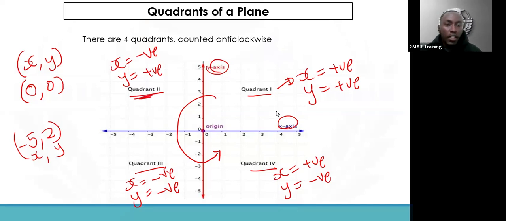Think of any number and try figure out if it falls in either of these quadrants. So 4 quadrants of a Cartesian plane. Quadrant 1, 2, 3, 4, counted anti-clockwise. Each and every point in the Cartesian plane has its own x and y value.